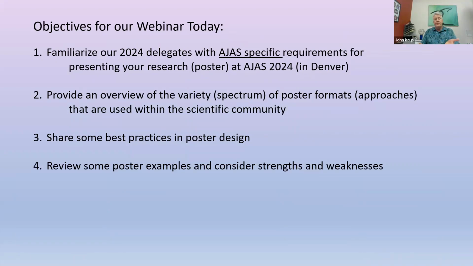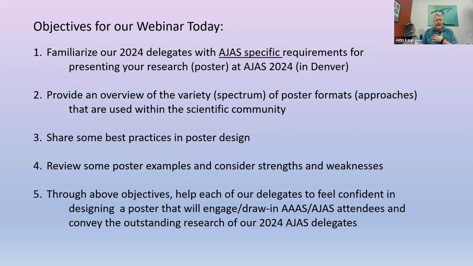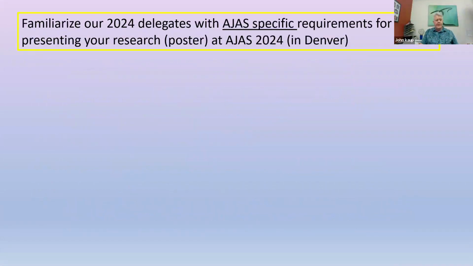And then we'll review some poster examples and consider some strengths and weaknesses of different posters. And we hope by the end of today, through these objectives, that you're going to feel confident in designing a poster that will engage and draw in AAAS and AJAS attendees and convey the outstanding research that all of you have done. So let's go ahead and get started.